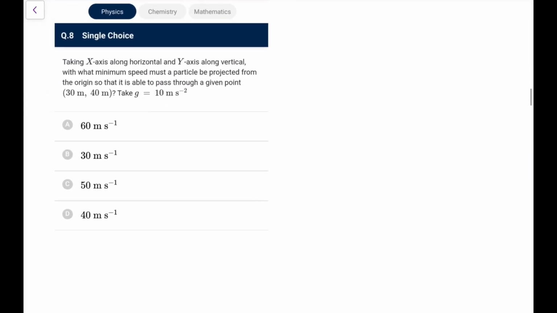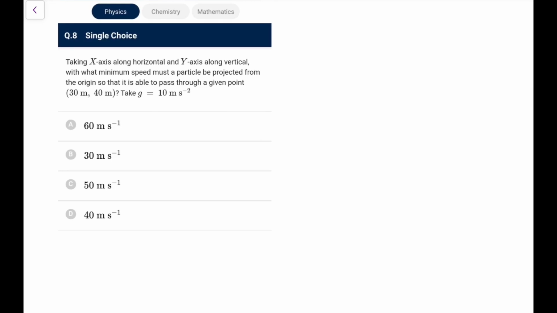Taking x along horizontal, y along vertical, with what minimum speed should a particle be projected from origin so that it is able to pass through a given point? What minimum speed? So this point should be on the trajectory. Let's write that famous equation, y = x tan theta minus g x square upon 2u square cos square theta.